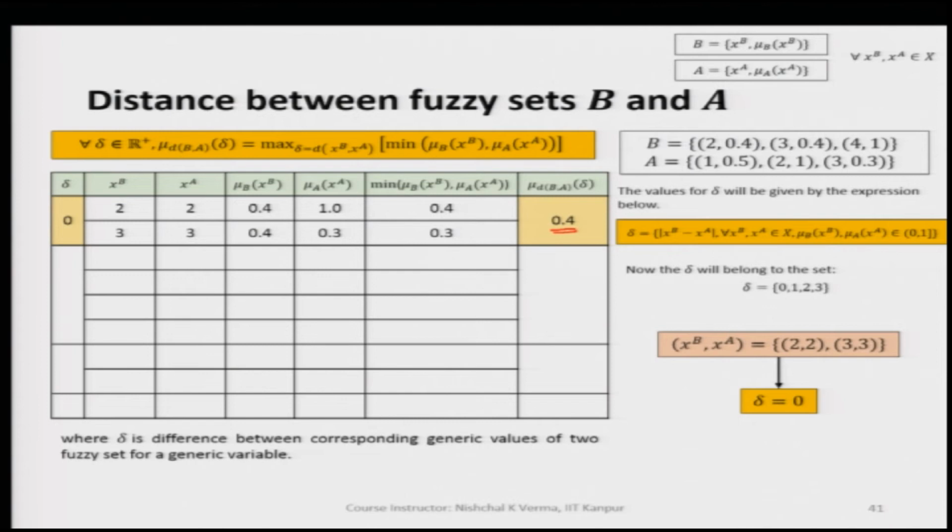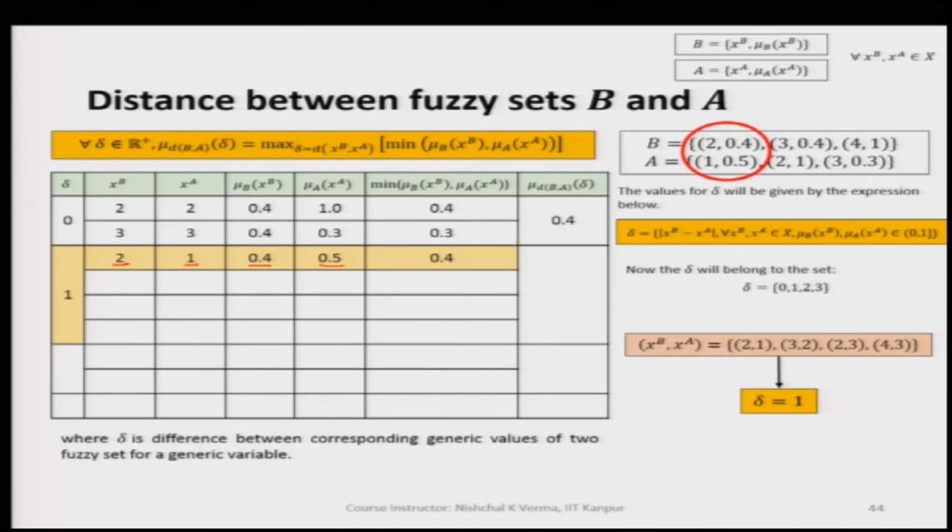Now, let us do the same for delta equal to 1. When we take delta equal to 1, we have 4 entries, as we have seen in the previous example also. Here also we have 4 pairs. Let us put all these in the table. Here we write delta equal to 1, and for the first pair we write 2, 3, 2, 1, and then 0.4, 0.5, and then we take the minimum of these two, we get 0.4.